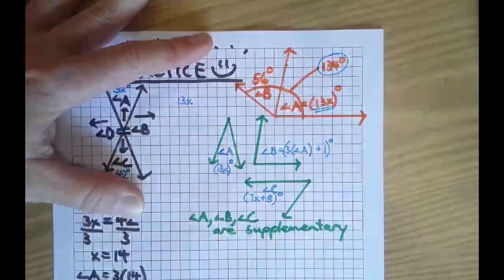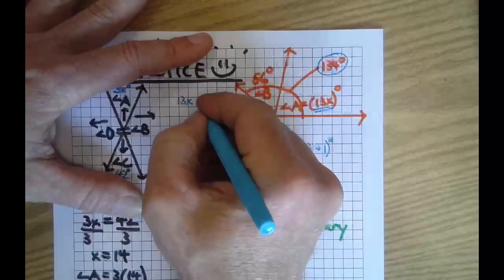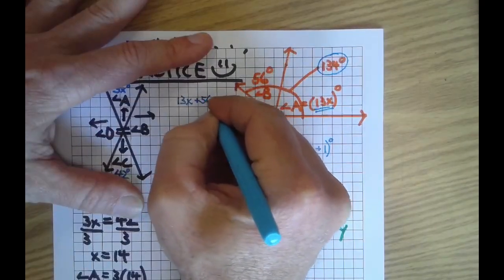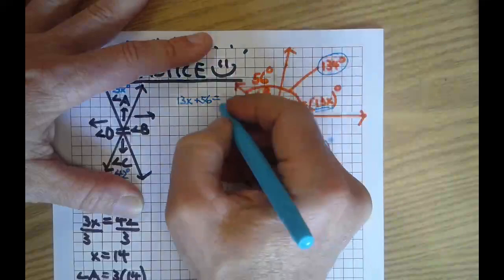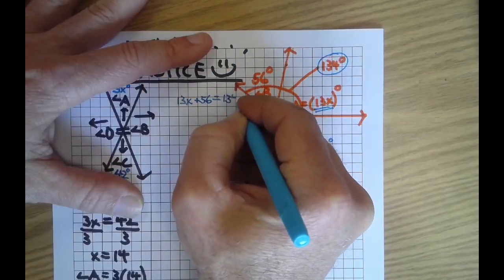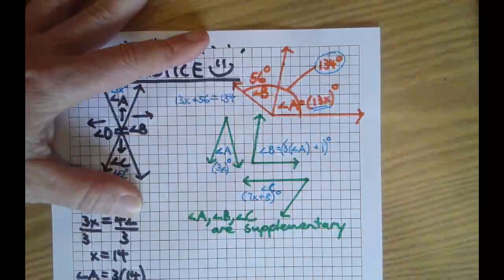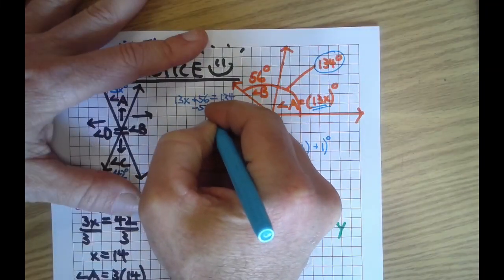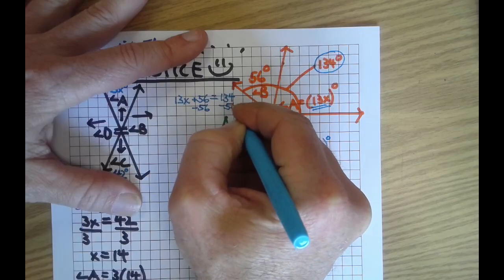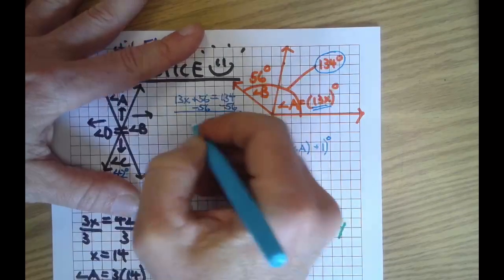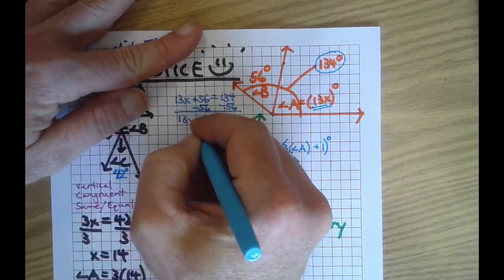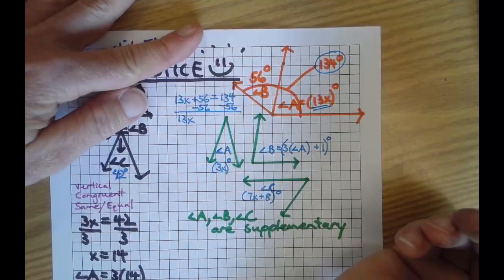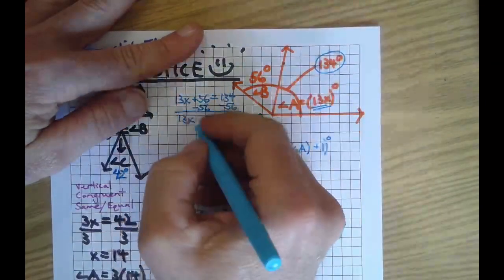Use the space over here to solve. And angle B is 56. And it's given to us that they add up to 134. So that looks easy, right? We've been solving these forever. Not forever, but for months. And then we can just solve it, which is going to give us lots of information. It's going to tell us what x is, and it's going to tell us what angle A measures.